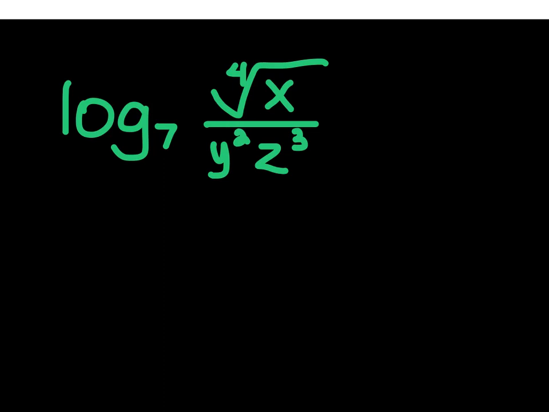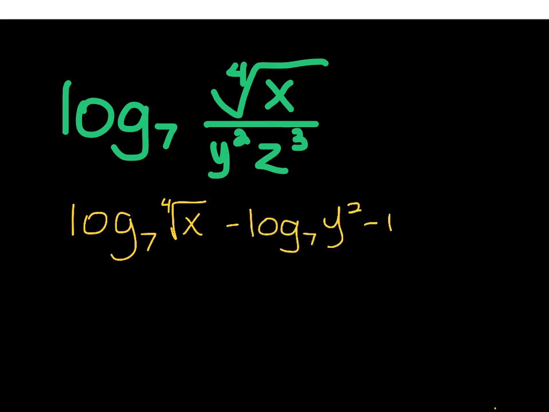What's going to be positive and what's going to be negative? What gets a positive sign? Good. The x to the 4th, I'll leave it like that for now. And what gets a negative? Y squared and z. Good. Both the other two. They are both in the bottom.